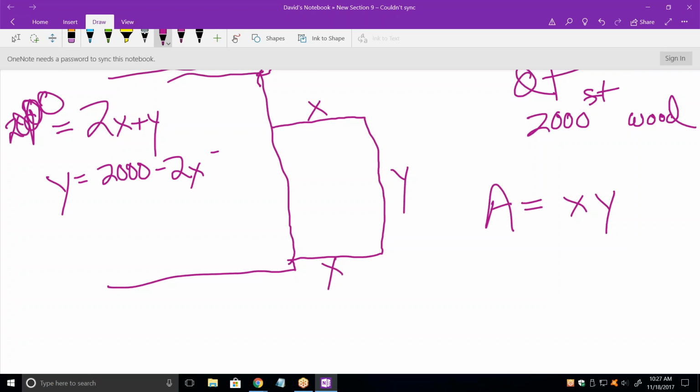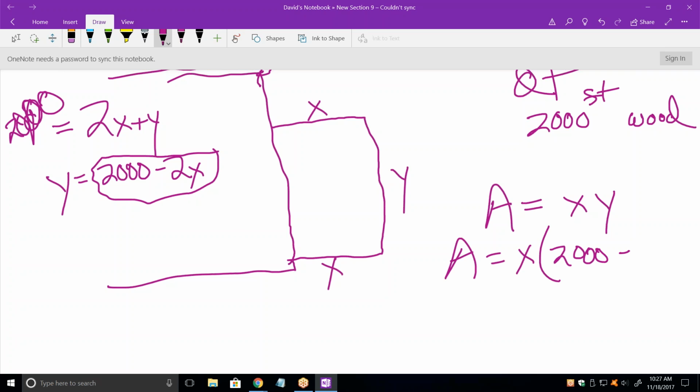Now I can take that, substitute it for y into my area equation to produce this. And now I have a function that's all a function of x. I can even write that A as a function of x is equal to that. And now I can differentiate it. First of all, let me distribute it.